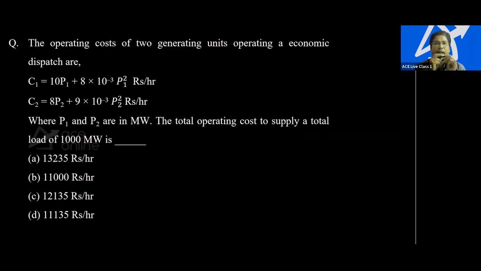The total operating cost to supply a total load of 1000 megawatt. The total power demand is P1 plus P2, which is 1000 megawatt. Let it be equation number 1.